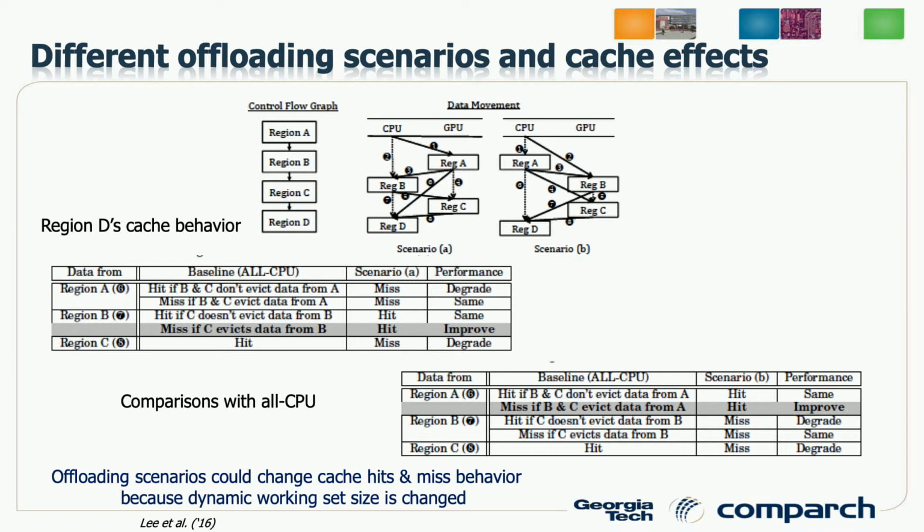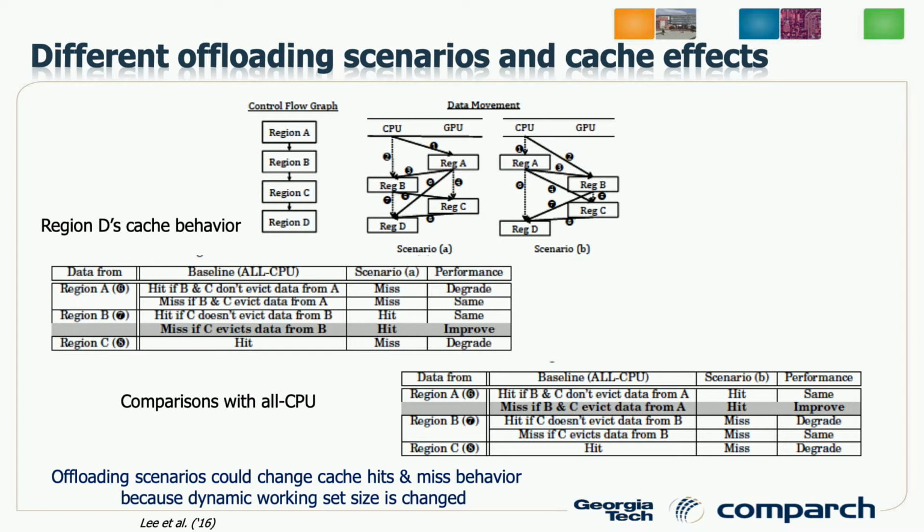The issue is that depending on which regions are offloaded to GPUs, the cache behavior of the CPU or the cache behavior of the GPU can vary. One problem is whether we have to send the data to the other unit, and the other problem is what the remaining data sizes will be.